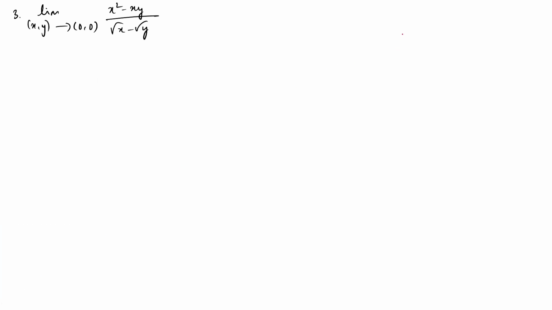As of now, let us see what is happening. 0 squared minus 0 multiplied with 0 upon under root 0 minus under root 0, it is 0 upon 0, which is an indeterminate form. Now you may ask me, can we apply L'Hopital's rule to do it? If you have to apply L'Hopital's rule, you must be knowing how to do the differentiation in multivariate setup. Till now we have not seen it. It is not gonna work. So what shall be done?